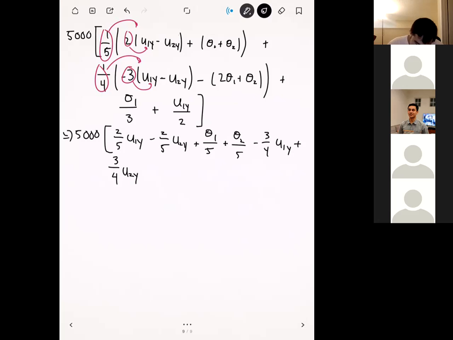Then we have a minus 1/2 theta 1, and then a minus 1/4 theta 2. That's the result of distributing that 1/4 through that second parentheses term. Then we have theta 1 divided by 3 plus u1y divided by 2.